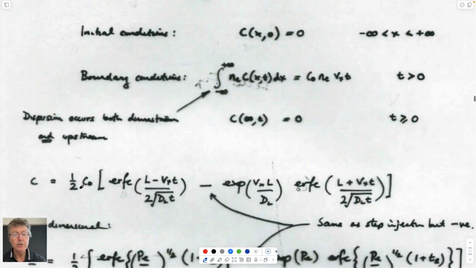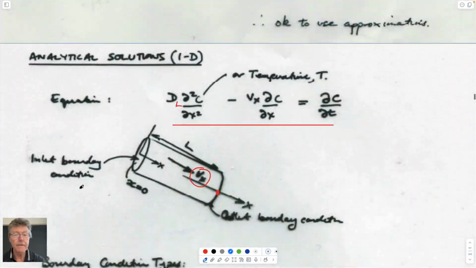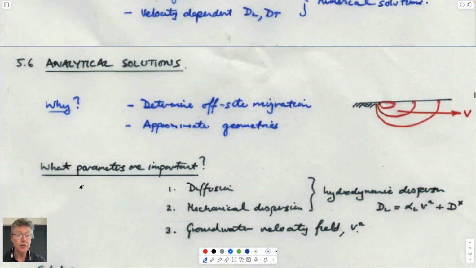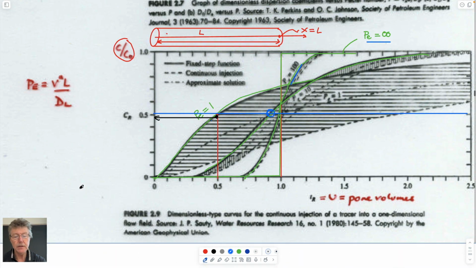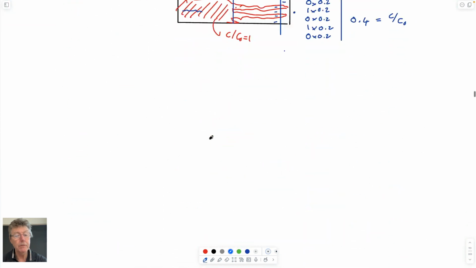There are a couple of other solutions. So the fact that there are a bunch of curves on this plot: if you look at this rather messy curve, for a Peclet number of 1, the solutions are this curve here, and this curve here, with all the hashes joining those. All those three curves are for different boundary conditions for solving this one-dimensional problem.